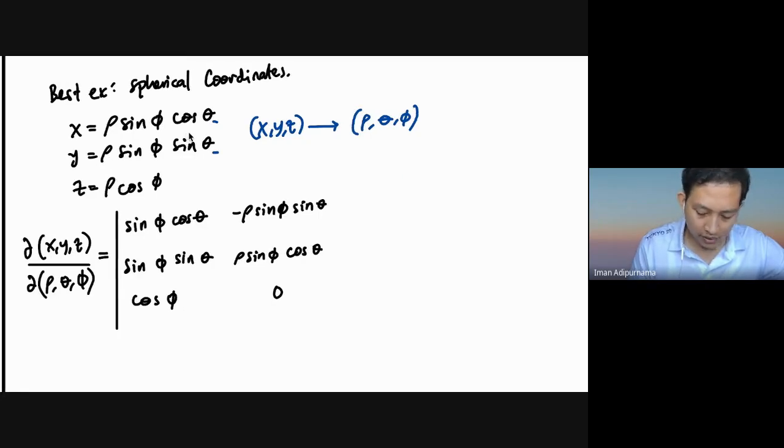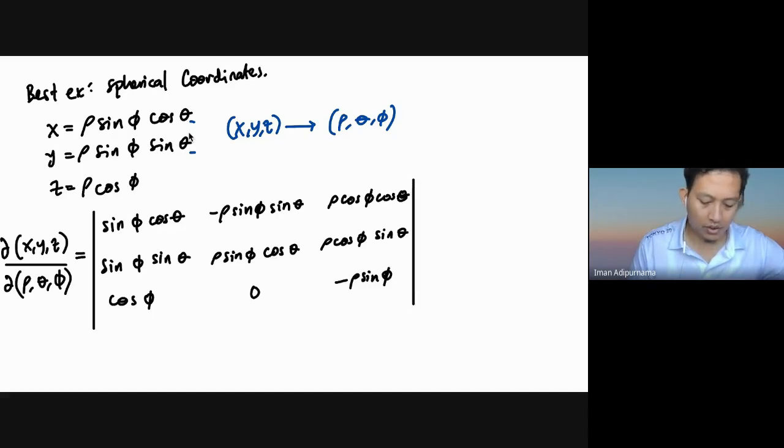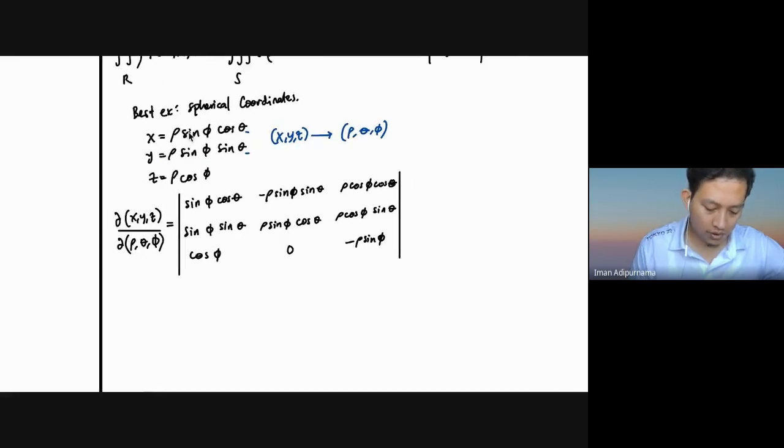Same thing for psi. We write rho because it's just positive, right? So we write rho cos psi cos theta, rho cos psi sine theta, and then negative rho sine psi. Okay, now that is our 3 by 3 determinant.